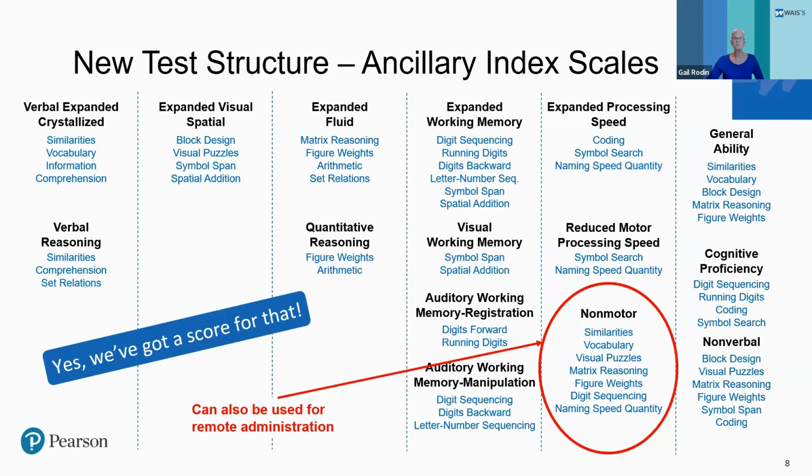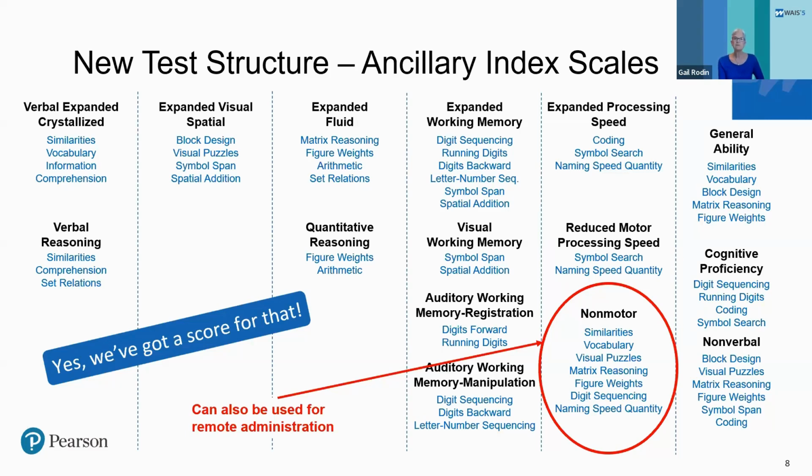Over in the far right-hand column, you should see some things you're familiar with, and that is a general ability index, a GAI. I like to think of this as kind of the horsepower, the heavy lifting that we ask the brain to do in terms of cognitive abilities, whereas the cognitive proficiency index is the other side of things. These are the more fundamental abilities like working memory and processing speed, okay?